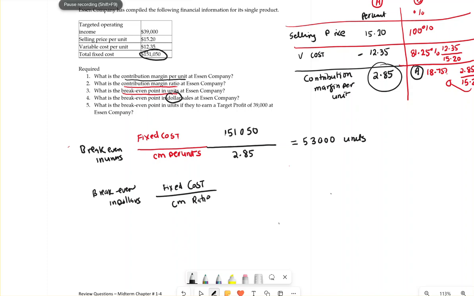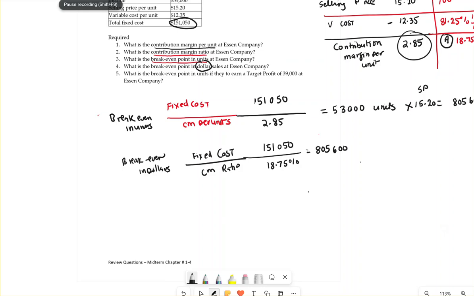So when you need a ratio, you divide by 18.75%, and at the top you have 151,050, and that will give you 805,600. So again, you could also take your break-even units multiplied by the selling price. My selling price is 15.20. This will also give you the same answer. So depending on what is given to you in the question, that's what you're going to do.